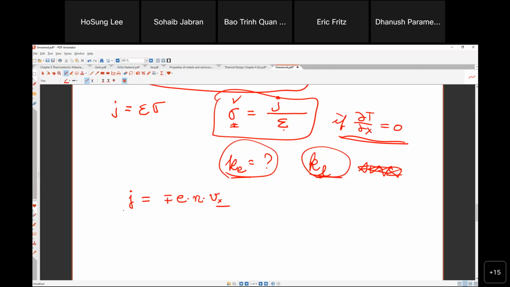So this is the current. This is the current. So what is N? I think what we define is the electron concentration.